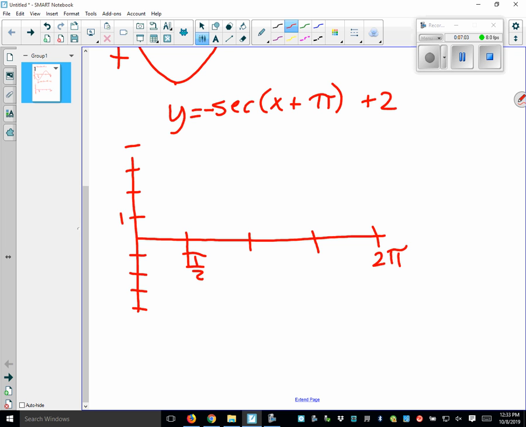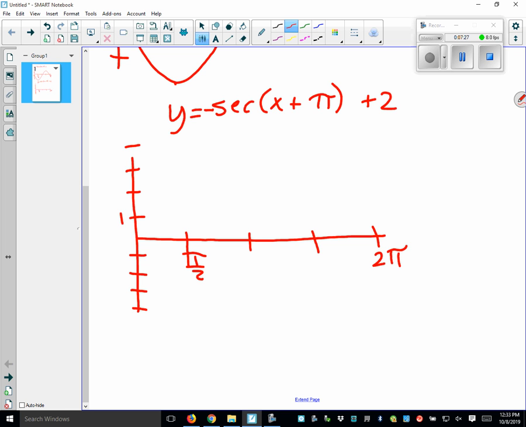Where's the asymptote? Okay, see what everybody's graph looks like. You got pi over 2? Pi over 2, that is not what it should look like.